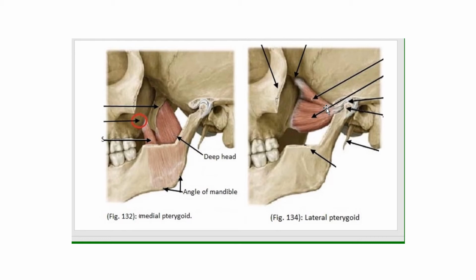It is very important. The muscles of mastication are four muscles: temporalis, masseter, medial pterygoid, and lateral pterygoid. All of them elevate the mandible except the lateral pterygoid, the only muscle of mastication which depresses the mandible.